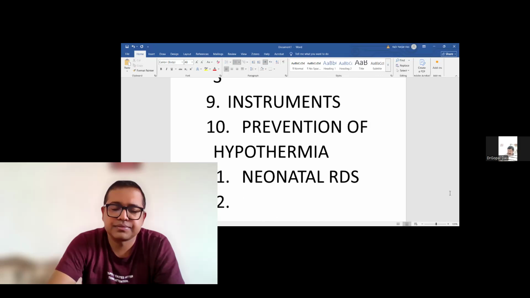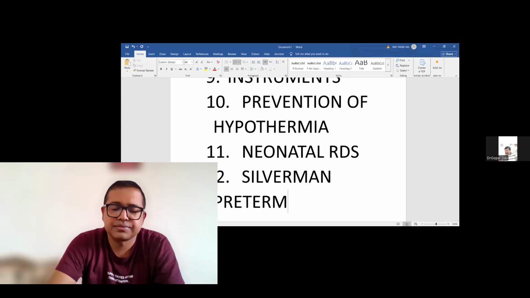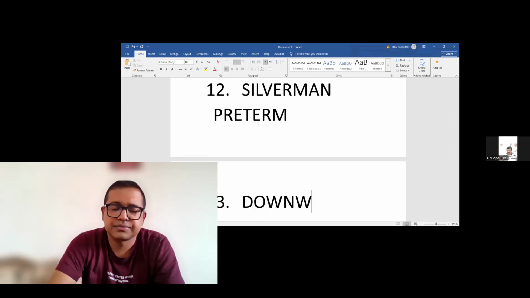Now, how do we assess RDS? The severity of respiratory distress is assessed by two scores: the Silverman-Anderson score for preterm babies, and the Downes score for any gestational age. There are many scores, but these two you must know.